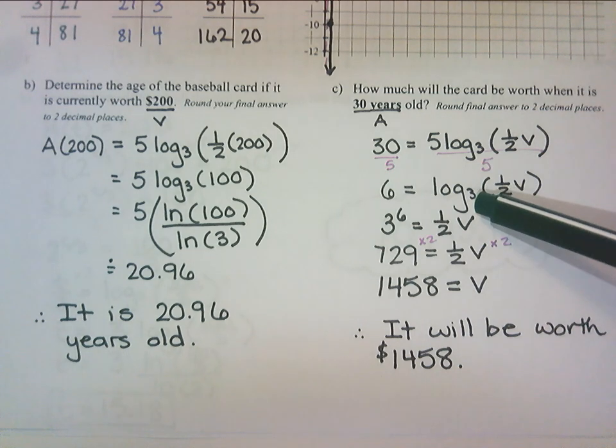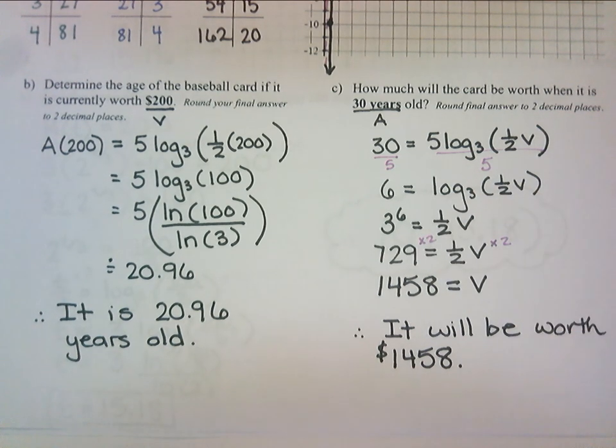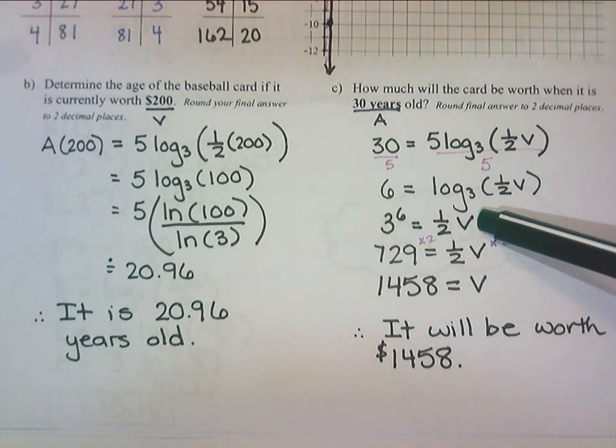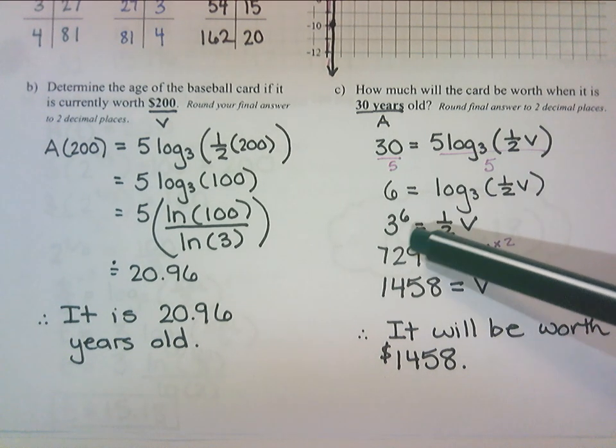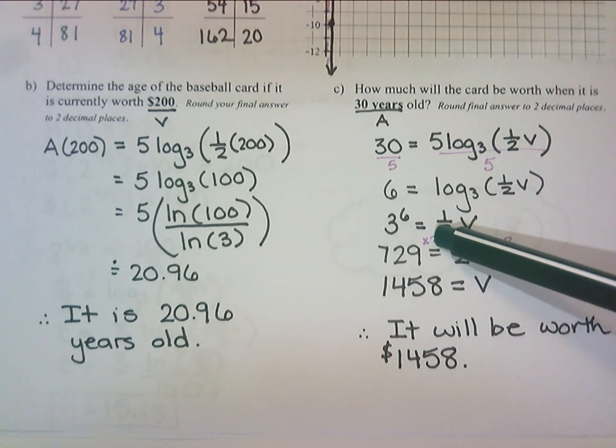And then to move the log base 3 to the other side, the opposite or inverse of a log base 3 is a power with a base of 3. So I took that 3 to the other side and did 3 to the power of 6, which now equals 1/2 V. You can divide by a half, but I think of this as multiplying by 1 and then dividing by 2.